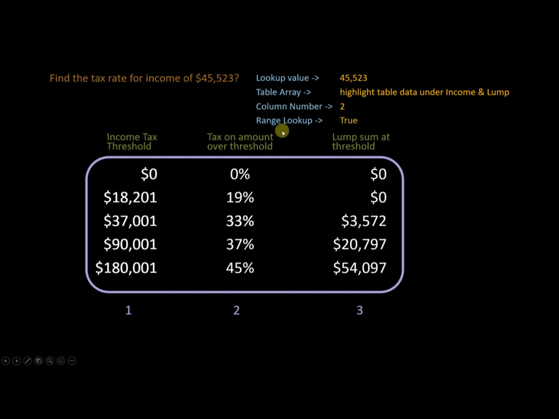Now, what happens in Excel when we say true? Excel will take the lookup value and go up the list. It'll go, 45,500? No, this is much larger. 45,500? No, much larger. Oh, this value here, 37 something. 37,000 is less than my lookup value, so it must be what I'm looking for.